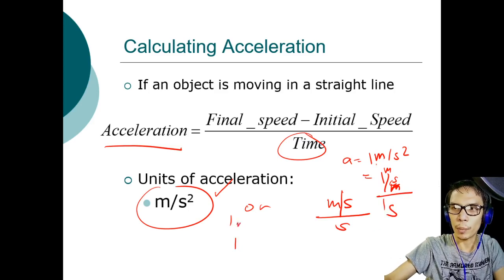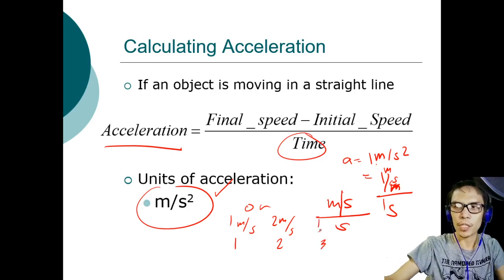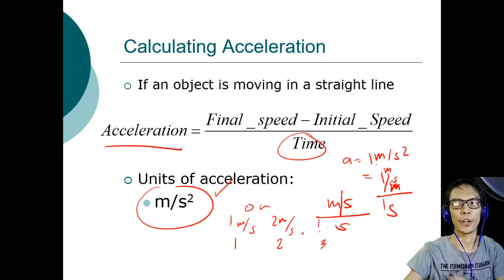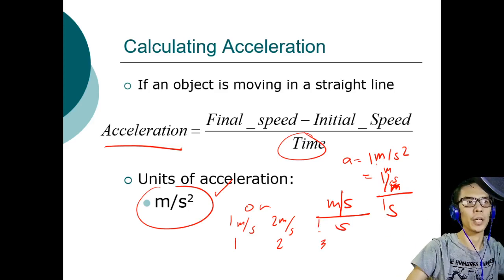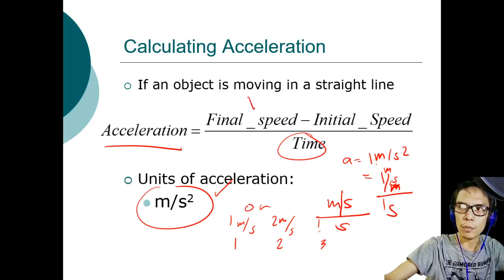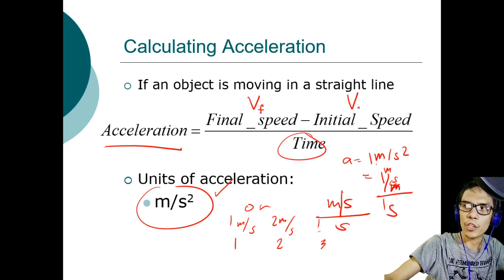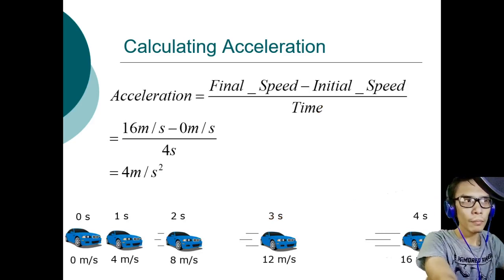So at 1 second, that is 1 meter per second. 2 seconds, we have 2 meters per second. 3 seconds is 3 meters per second, and so on and so forth. That is the definition of acceleration. So final speed minus initial speed, which I usually write as v sub f minus v sub i, divided by time.